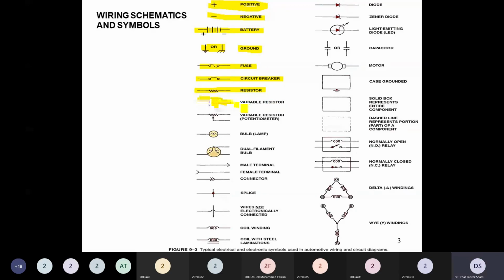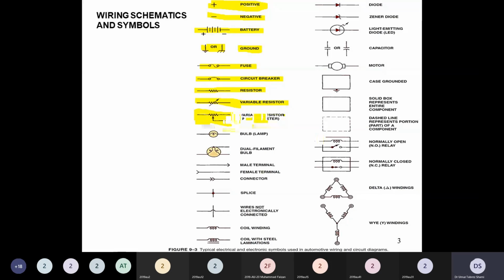The variable resistor is a resistor whose resistance value can be changed. A variable resistor can have two terminals as shown in this diagram, or a variable resistor can also have three terminals as shown in the next diagram.